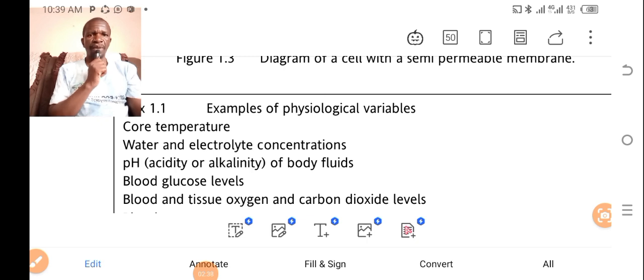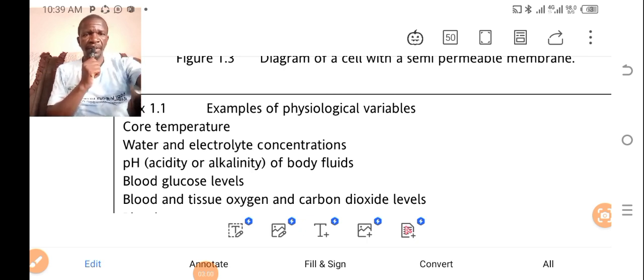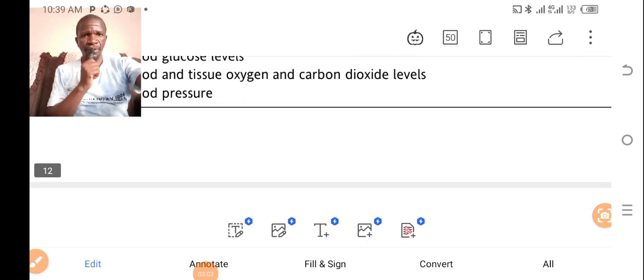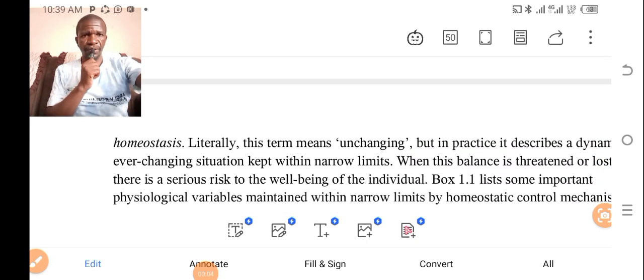We've got the variable of blood and tissue oxygen and carbon dioxide. So homeostasis plays a crucial role in regulating all these variables to ensure that they are within narrowly controlled limits, within the optimal and acceptable levels that do not affect or damage the cells or the human body, as we are going to see.